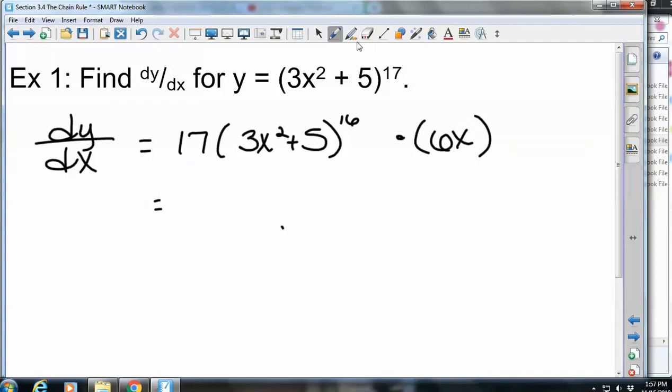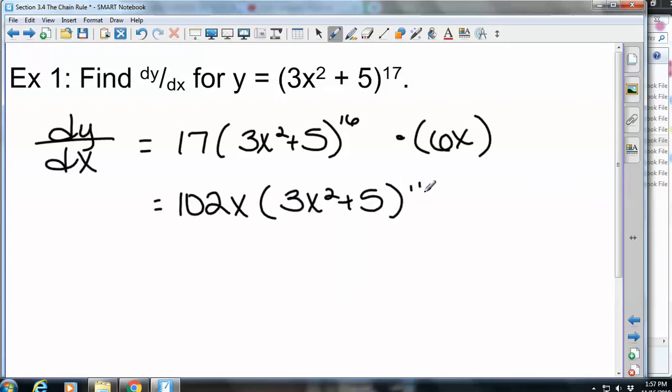We could simplify here: 17 times 6x, times 3x squared plus 5 to the 16th. And that's our final answer. Questions right there? Certainly easier than writing it out 17 times and doing 17 derivatives.